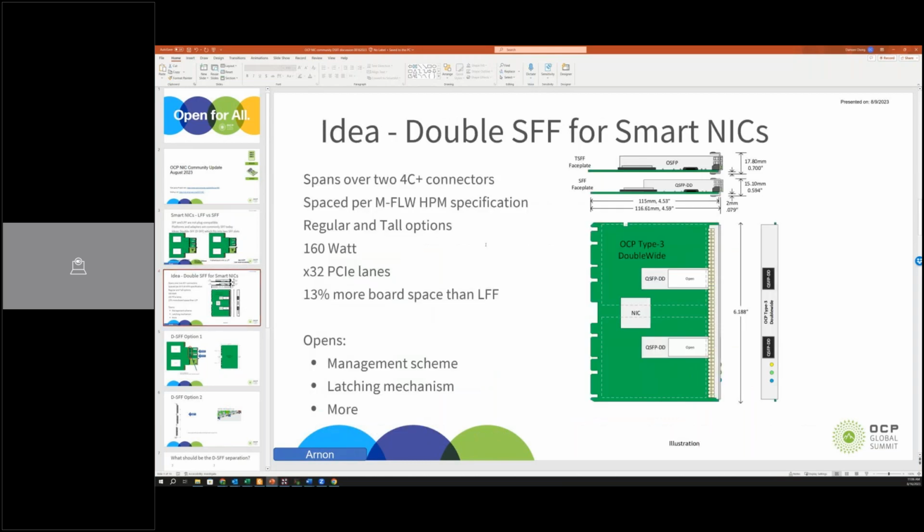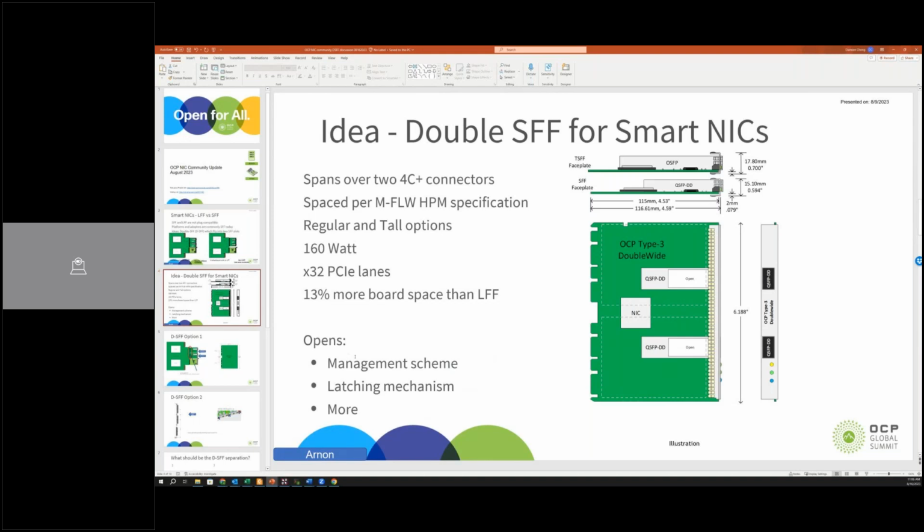The idea from Harvey and Anon is more like, hey, what about this kind of dimension that is able to plug into the FLW? These are the power and proposal. More details we can talk about, and some opens are there.